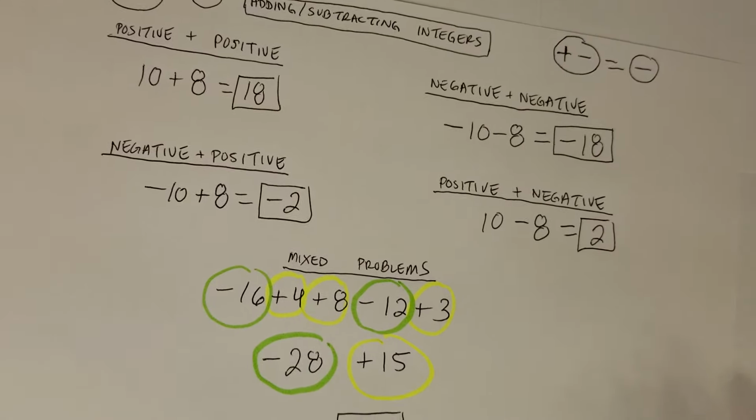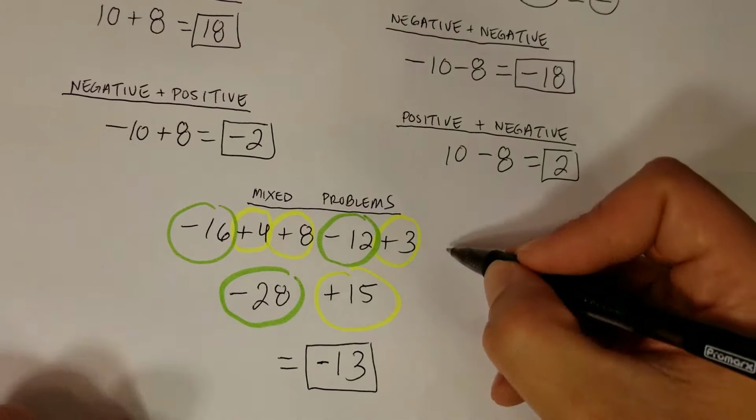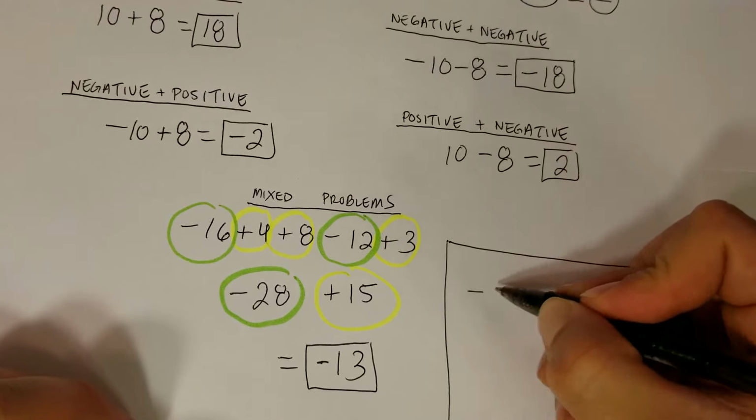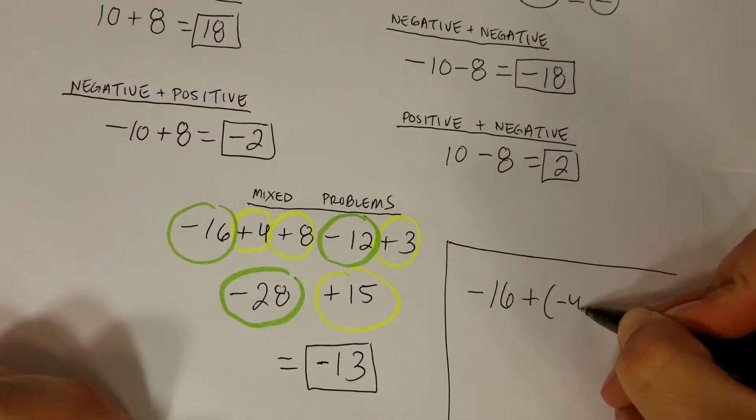Okay, sorry, I didn't show that. If they give you another mixed problem, like negative 16 plus negative 4 minus positive 8, it's the same exact thing, but as we mentioned earlier, when we have a negative and a positive next to each other, the negative is always going to win.